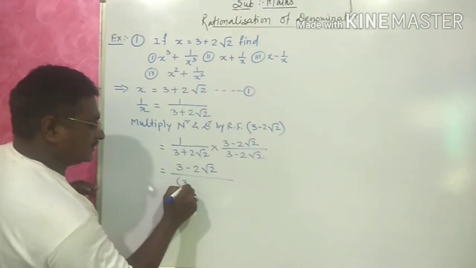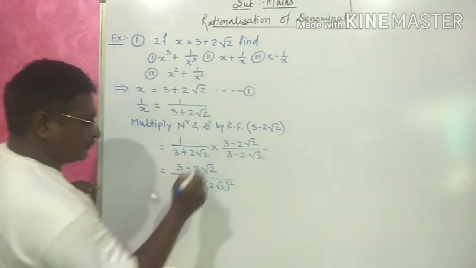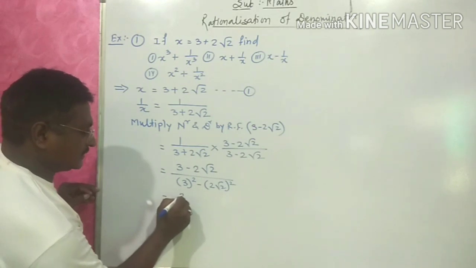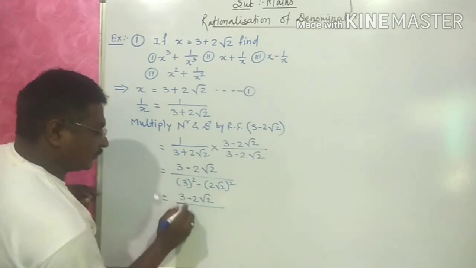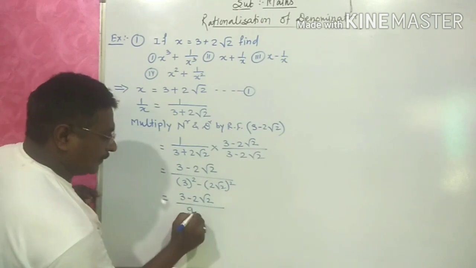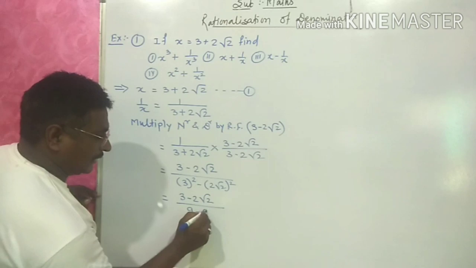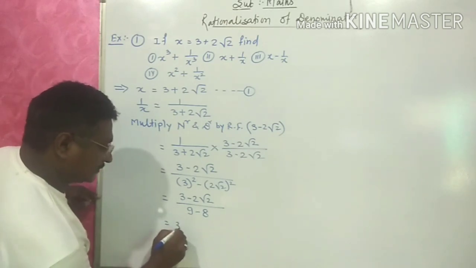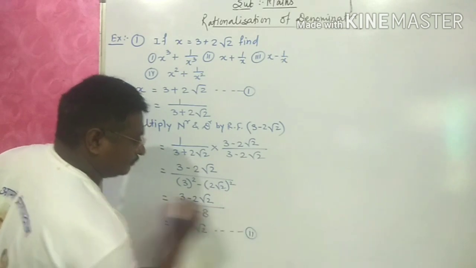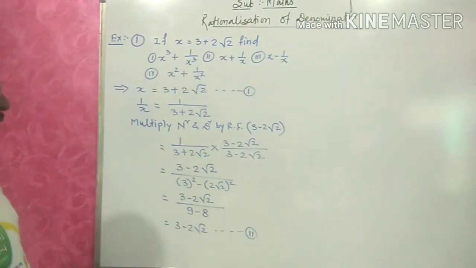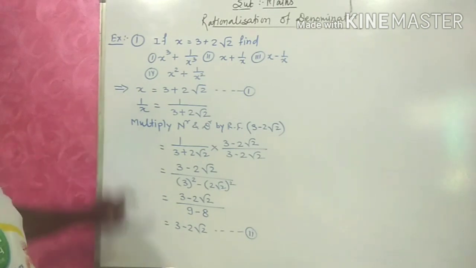So 3 square minus (2 root 2) whole square, which is 9 minus 2 square 4 into 2, 8. So what will we get? 3 minus 2 root 2. Equation number 2. Now we got the value of x and 1 by x.